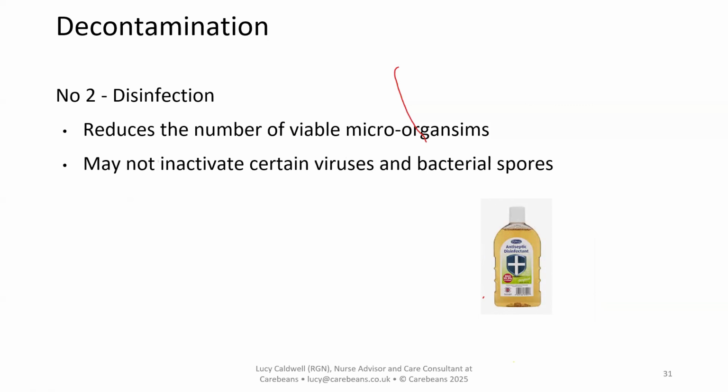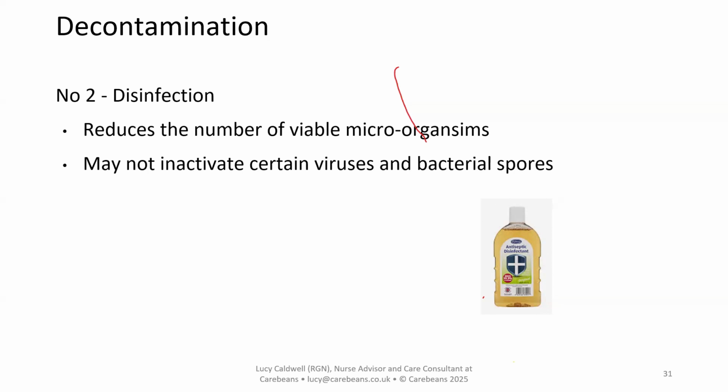It's important to read the particular antiseptic or disinfectant that you use, because that will tell you what it deactivates organism-wise, because there are certain viruses or bacterial spores that it might not work on. So it's just important to know that and understand by reading the back of your disinfectant. So that's the second type of decontamination.